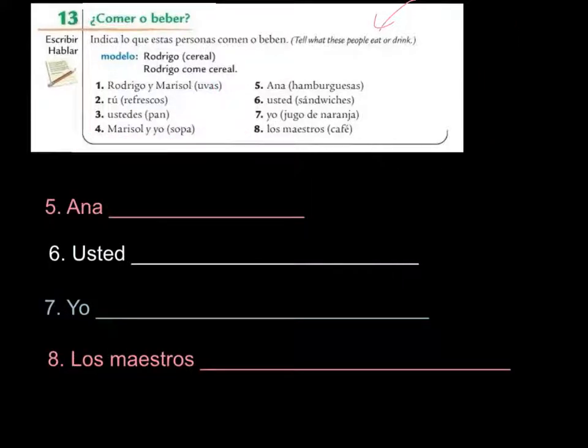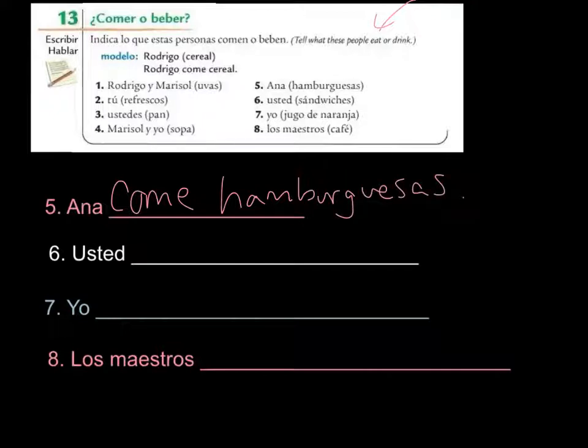So number 5 says Ana and hamburguesas. So you would say Ana come hamburguesas. Number 6, usted. Remember that in the chart, usted goes right here. That's the e ending.